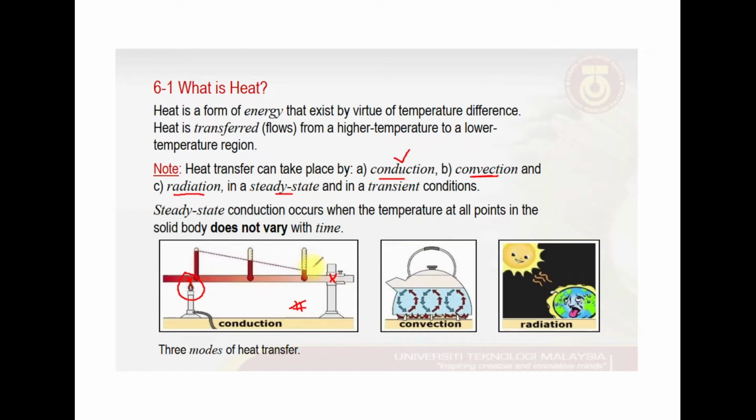After the rod has been exposed to this source of heat for some time, if we put a thermometer at different points along the rod, we find that the heat can be sensed along the rod but with different temperature values.